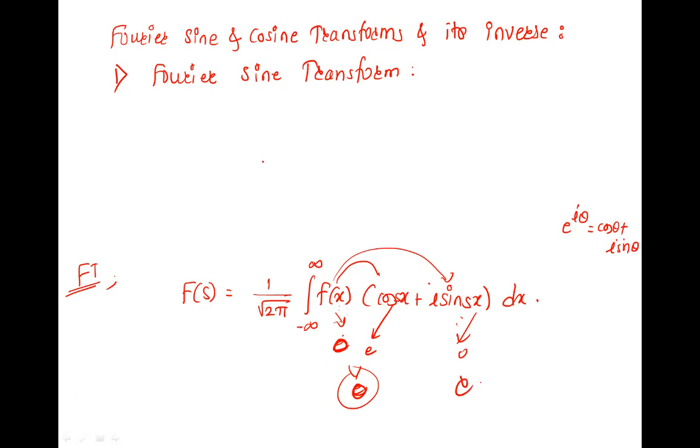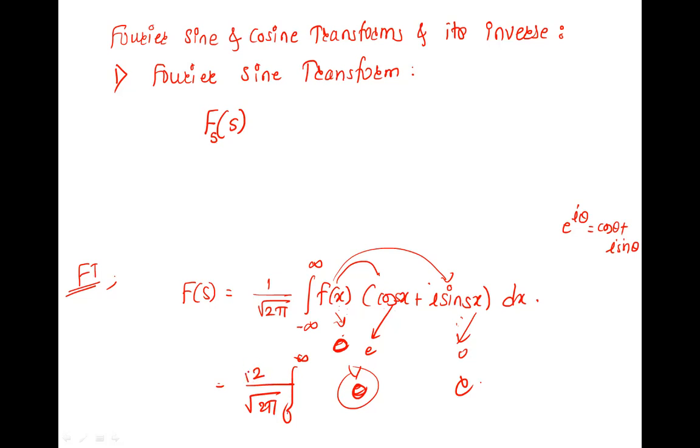So regarding the definition, the first thing is notation. We have used F of s for Fourier transform, and for Fourier sine transform we write Fs, where the subscript s denotes Fourier sine transform. It is defined as 2 times 0 to infinity upon root 2 pi, since minus infinity to infinity becomes 2 times 0 to infinity.